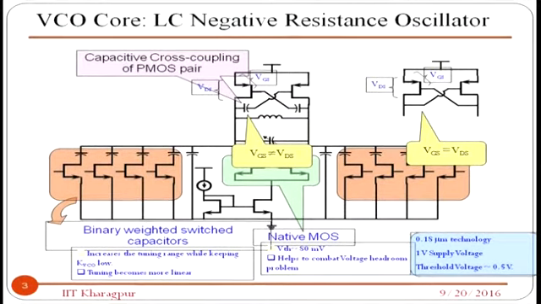So, this is one of the deviations I mentioned, but if you get one advantage, then you should be ready to pay something. To pay something is that the gates of these transistors now have the DC blocked by these capacitors.